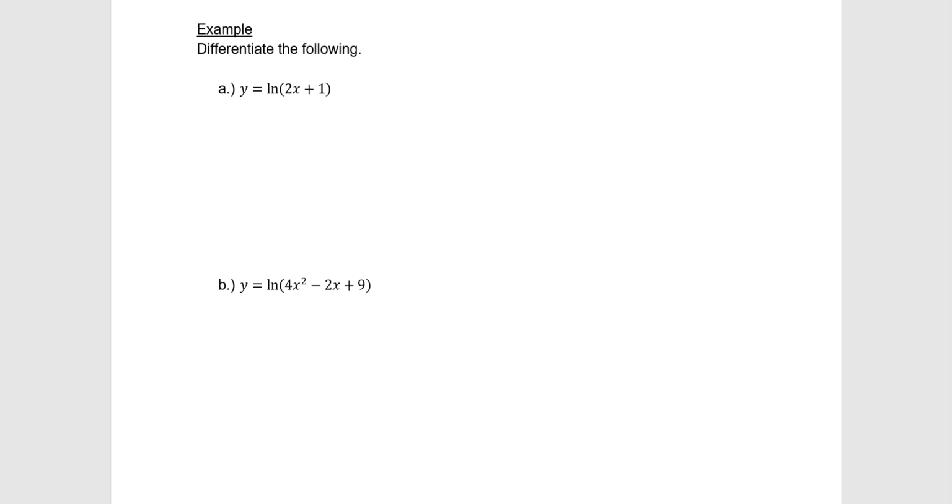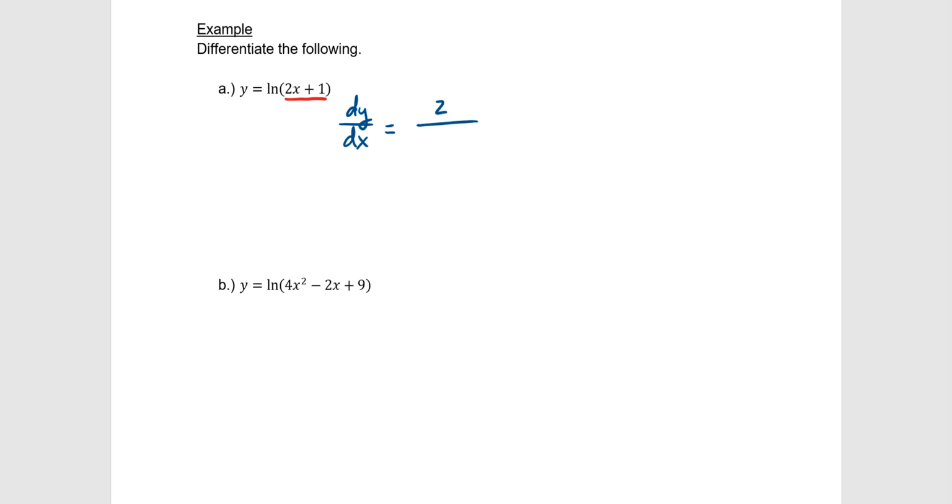First one, we want the derivative of ln of 2x plus 1. So notice that this one is not just the ln of x, it's the ln of 2x plus 1. So based on this rule, dy dx is going to equal the derivative of what's inside divided by what's inside. So the derivative of 2x plus 1 is just 2.